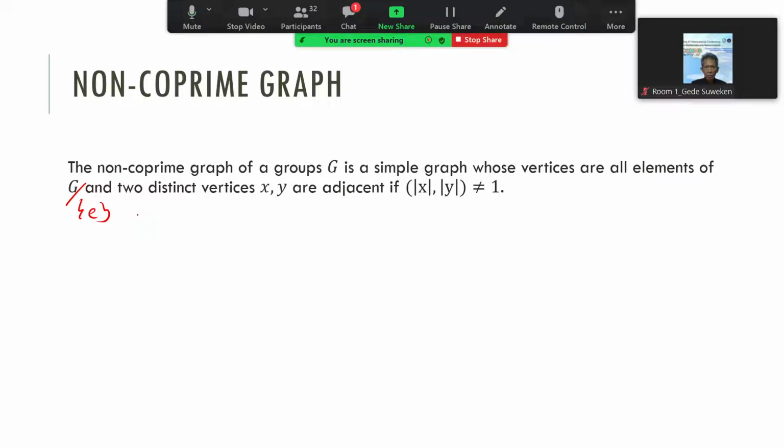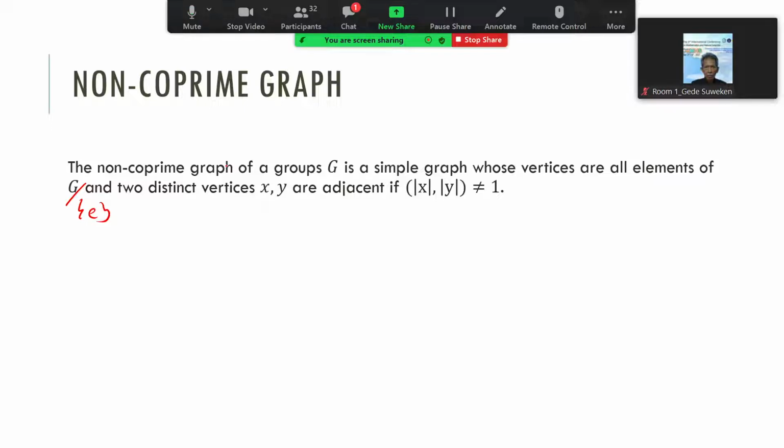But why in the non-coprime graph do we not do the same? Because we want the non-coprime graph to be the dual facet of the coprime graph. So if in the coprime graph X and Y are adjacent, we want in the non-coprime graph X and Y not adjacent. That's why we cannot do the same as in the identity graph.